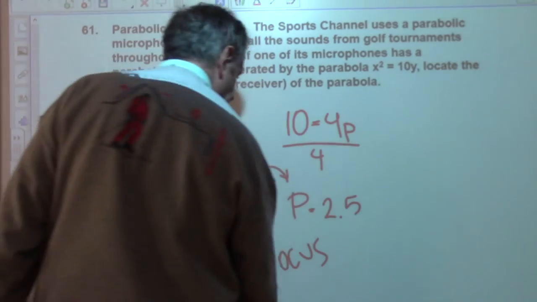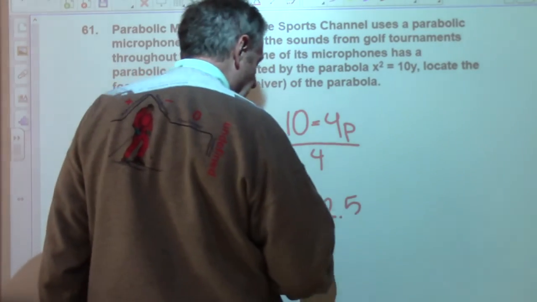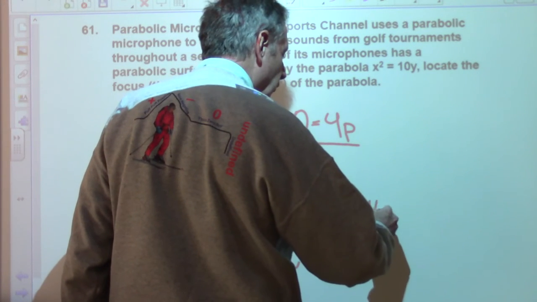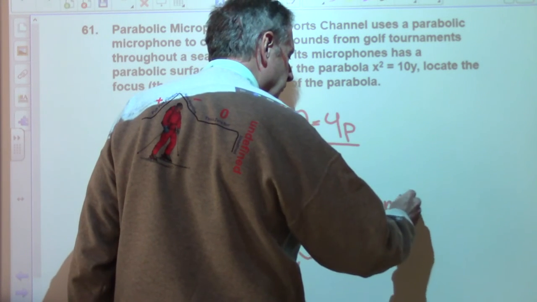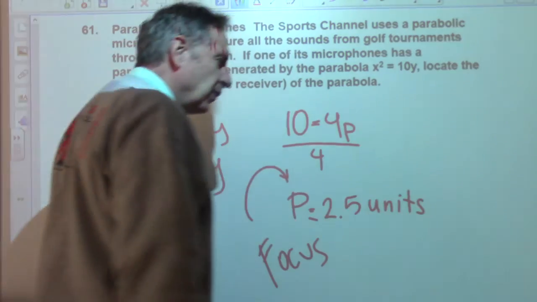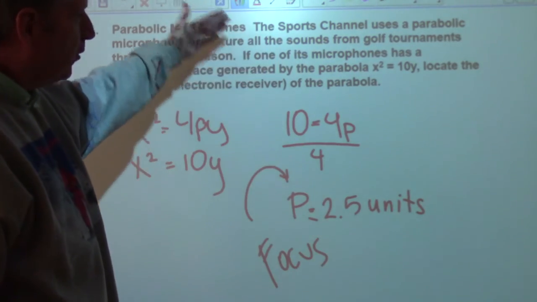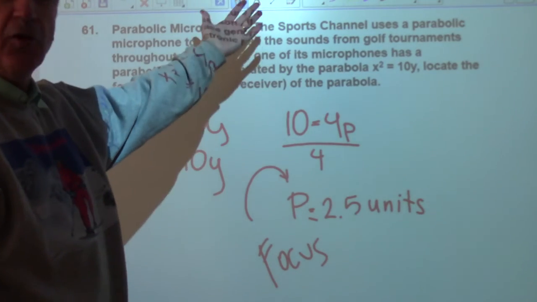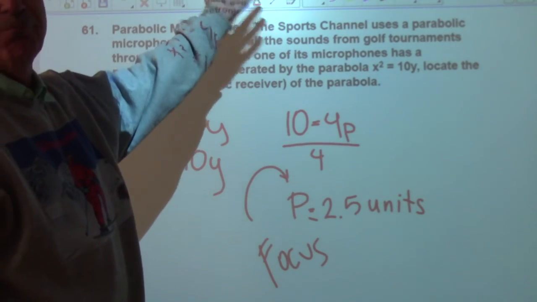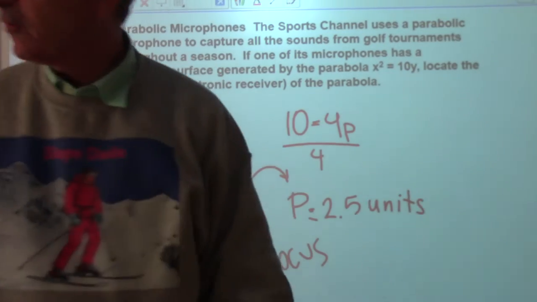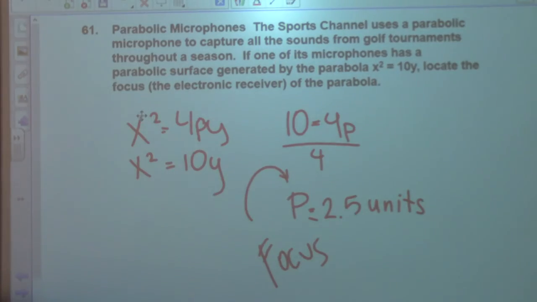So basically, whenever you don't see any units given, you just go ahead and write units. When you do that, you indicate that you looked and didn't see anything there. So that's one thing to look for. Thank you, that's some good work right there.